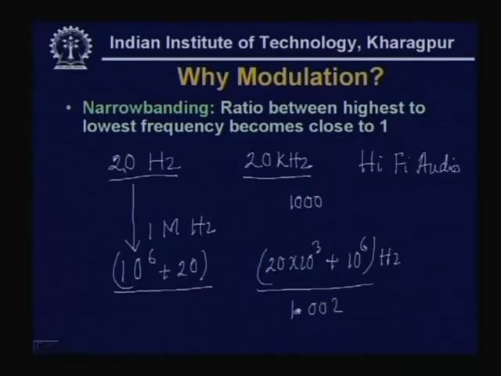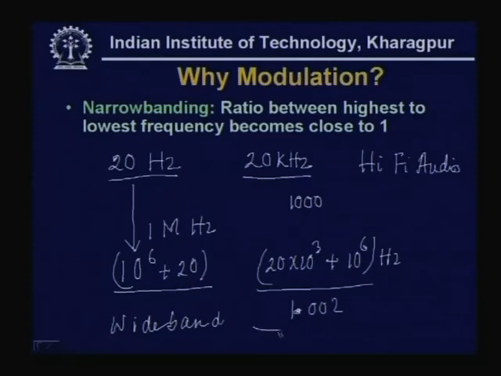You see, we are converting a wide band signal, wide band not in terms of absolute values. You can see here 20 hertz to 20 kilohertz, their frequency is not really very high. However, you may consider it wide band in terms of the ratio of the highest frequency to lowest frequency.